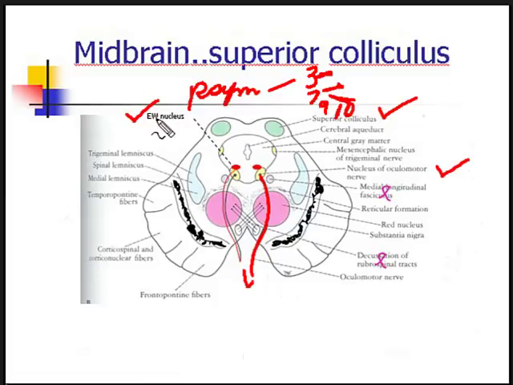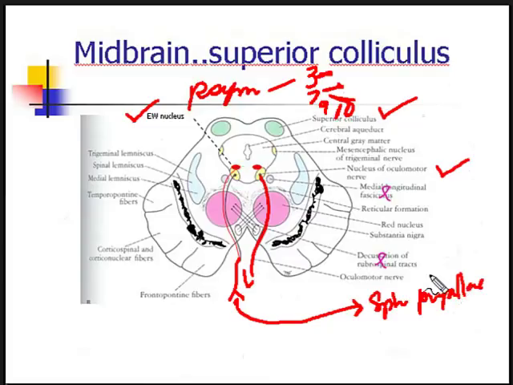From here, the preganglionic fibers begin. They travel with the 3rd, go and synapse, and then the postganglionic fibers go on to supply the smooth muscle present in the eyeball, the sphincter pupillae. So you can see these are preganglionic fibers beginning from the Edinger-Westphal nucleus.